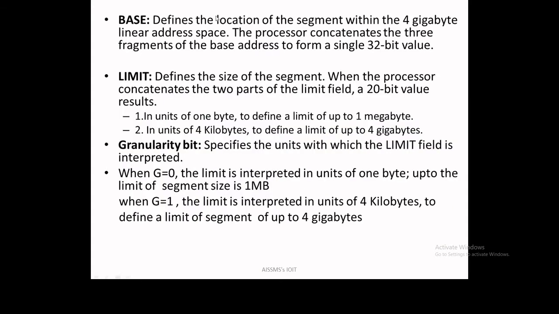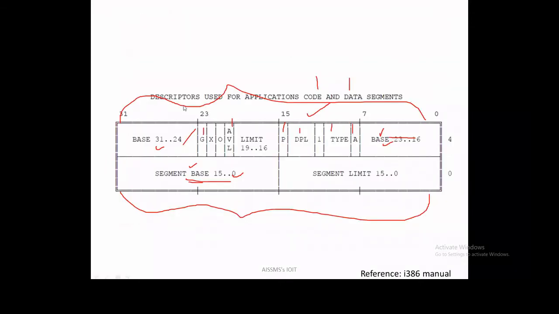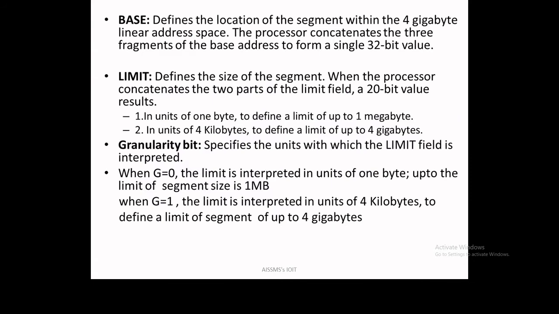It defines the location of the segment within the 4 gigabyte linear address space, as I said. The processor concatenates all three fragments of the base address to form a single 32-bit address, in the 4 GB of memory.